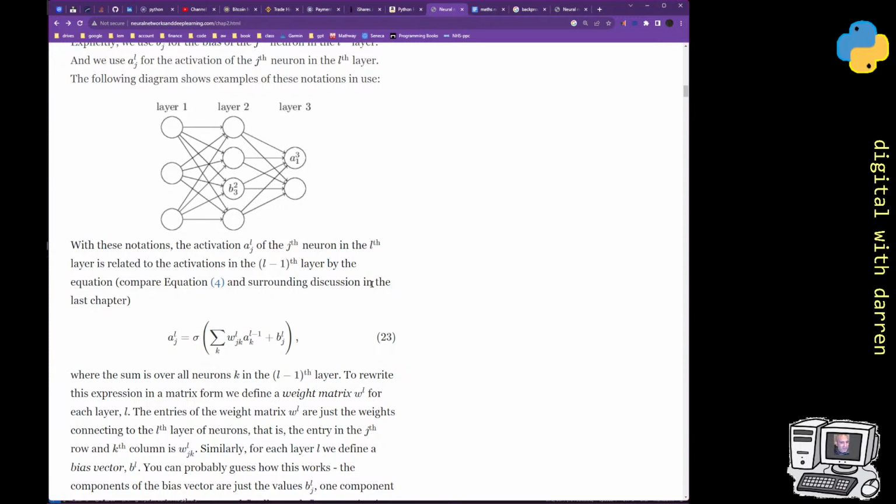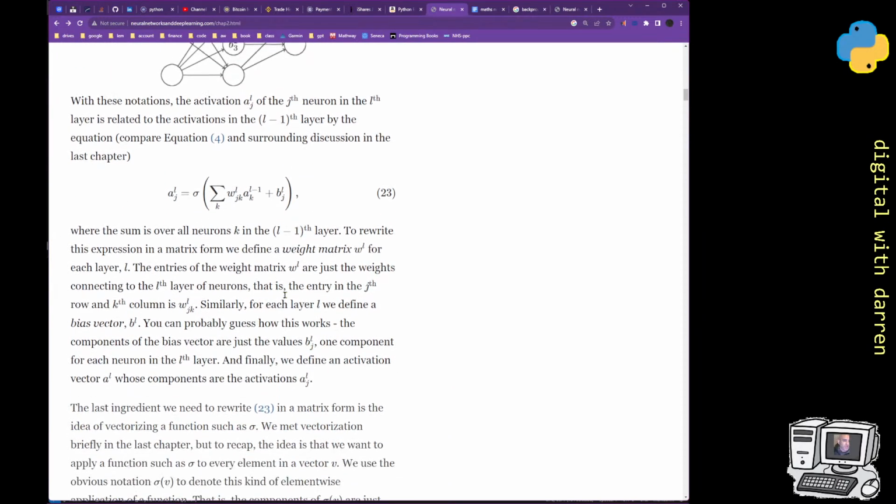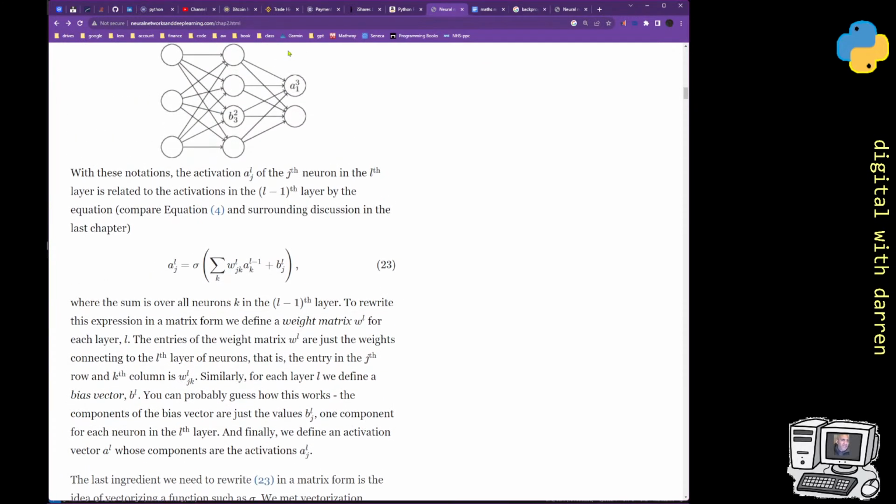Compare equation 4 and the surrounding discussion in the last chapter. We'll have to jump back to the last chapter, but basically this activation is related to all of the preceding weights and biases. It's the sum over all of the k weights that come in from the previous layer.